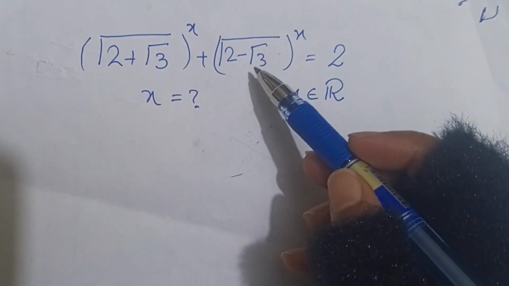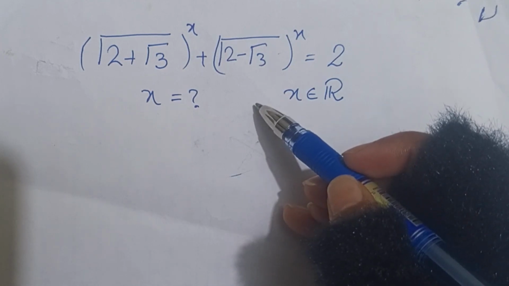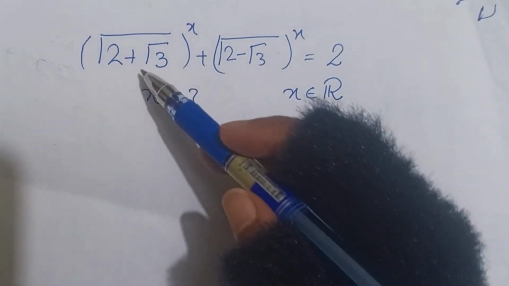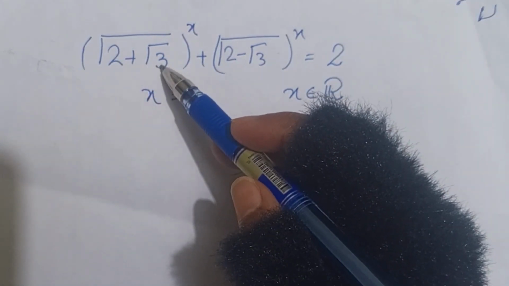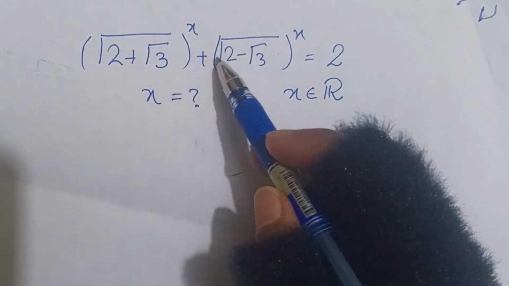In our question, the value of x is 0, but we want to find how to solve for x. Notice that 2 plus √3 and 2 minus √3 are conjugates of each other.